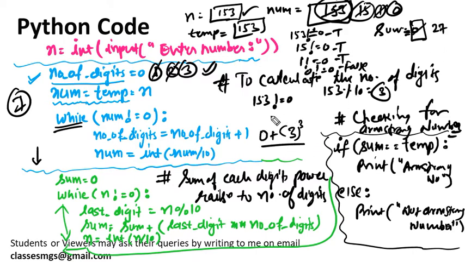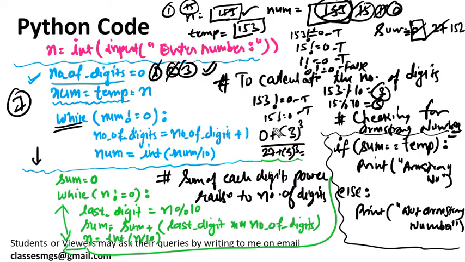Now next time n will become 15, and 15 is not equal to 0, the condition is true. This time last digit is 15 % 10, which gives 5 as the remainder. So sum becomes 27 plus 5 cubed, which is 152, and the number becomes 1.